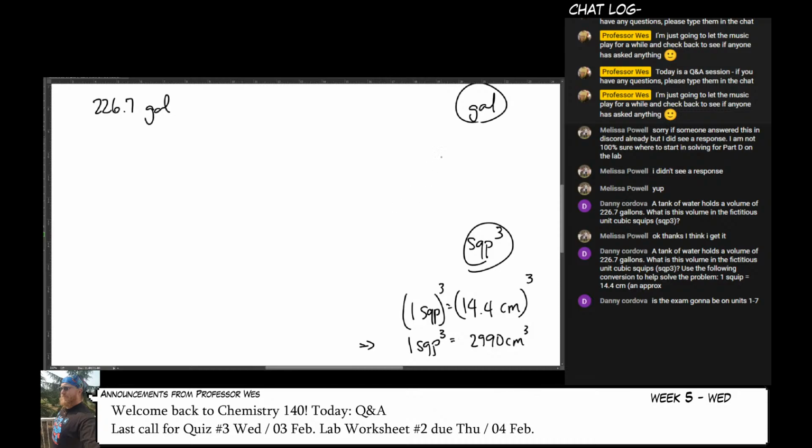Okay, so now I know that. If I could get something into cubic centimeters, I'd be all set. Well, cubic centimeters are the same thing as milliliters, right? So if I get gallons to milliliters, I'm all set here. I know gallons to liters exist, so we'll just do this.